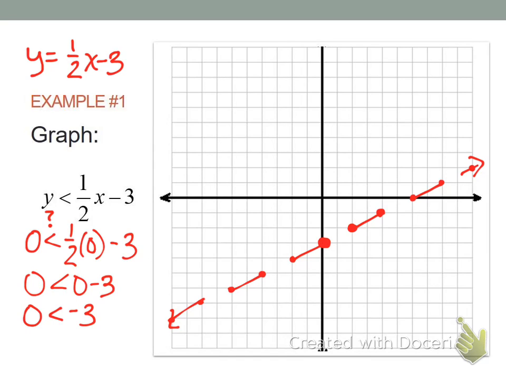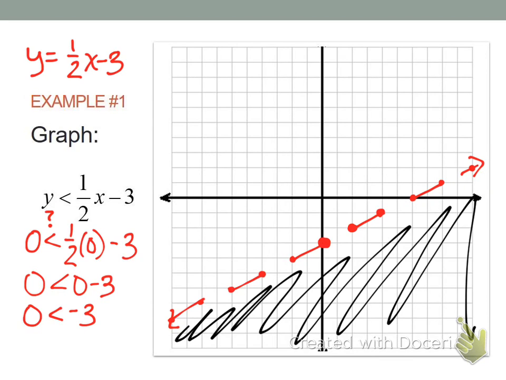Okay, so then my statement comes out to read 0 is less than -3. Is that true? No. So that means that 0, 0 is not part of the solution set. So I do not shade that side. And go to the opposite side of my boundary line, or the other side. And I shade in that whole side. So take your pencil, you shade in that whole side of that line.